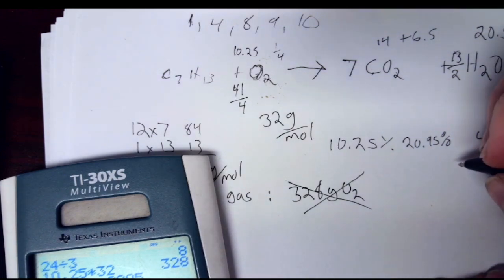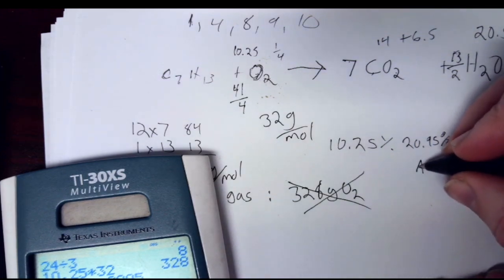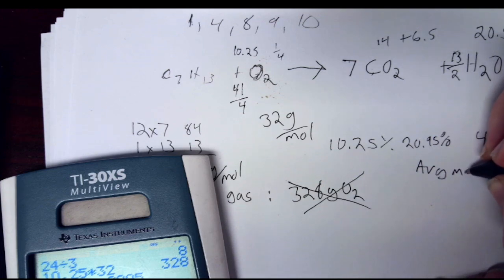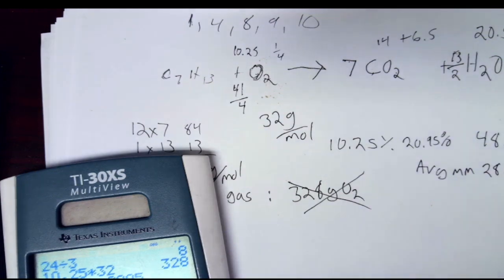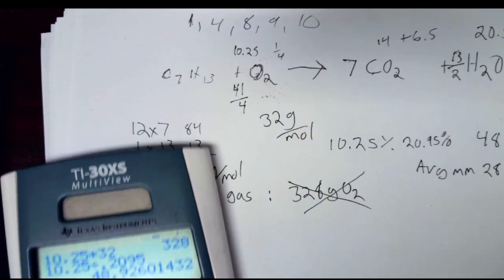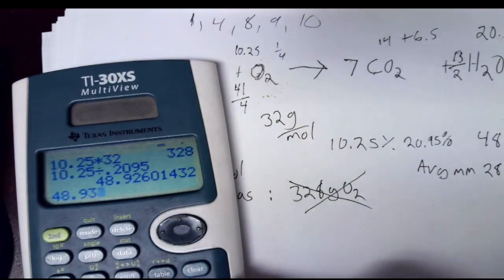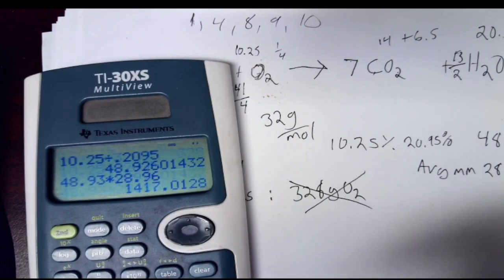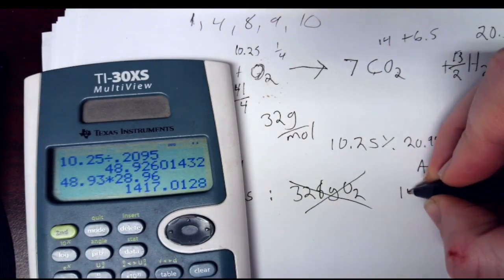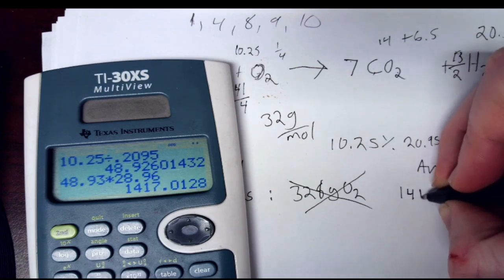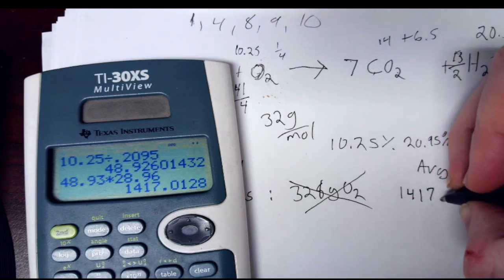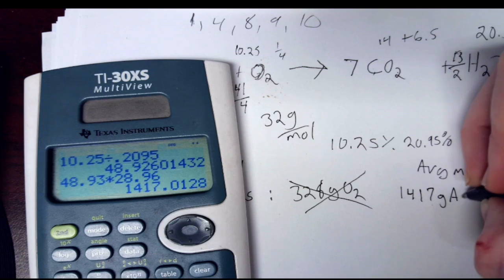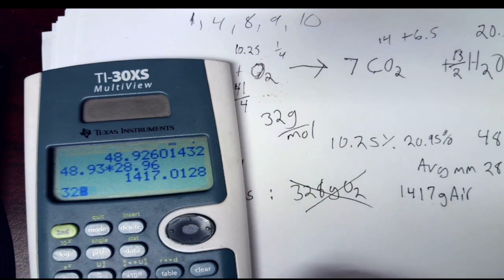And the molar mass, the average molar mass of air, something like 28.96. So with that in mind, 48.93 times my 28.96 gives me something like 1417 grams of air.